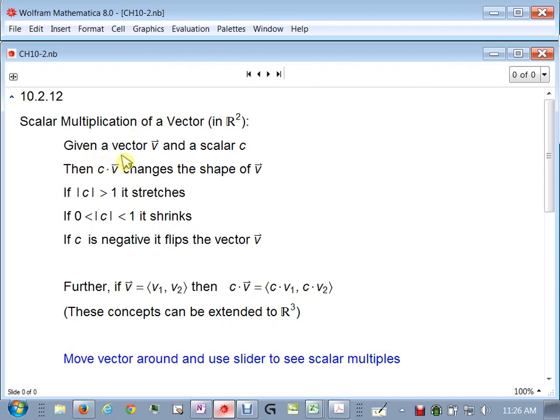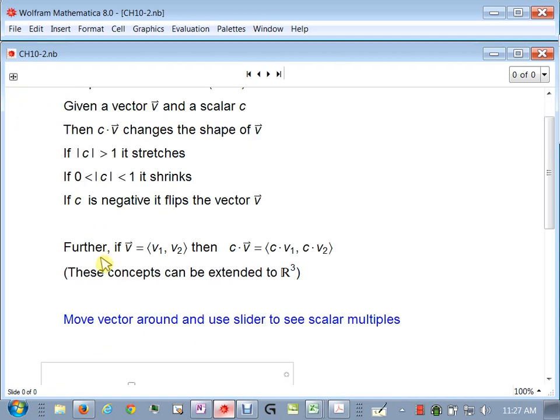So given a vector v and a scalar c, so c is just a real number, then multiplying the scalar times the vector changes the shape of v. If the magnitude or absolute value of c is bigger than 1, it's going to stretch it out, make the vector longer. If the absolute value of c is between 0 and 1, it's going to shrink it, make it smaller. If c is negative, it's going to flip it. So it's going to change the direction. It's going to point it in the opposite direction.